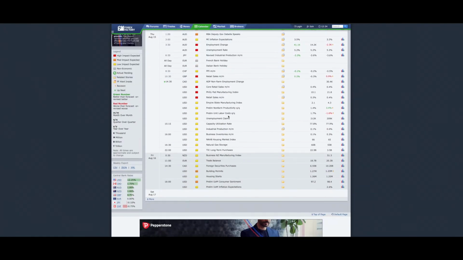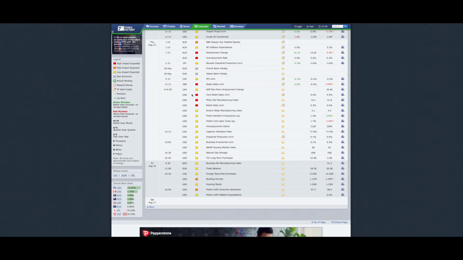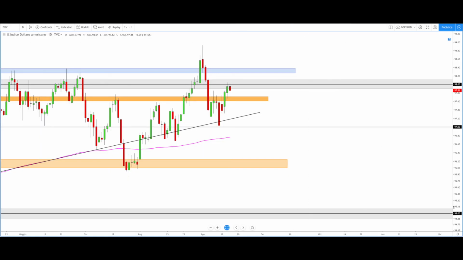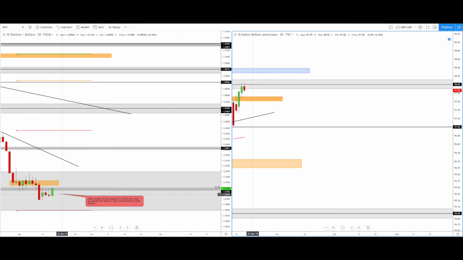But today we will have this news on the US economy. So a strange result of this news could be a strong catalyzer for all the pairs. For now, we are on critical levels, guys, especially on the dollar index and GBP USD.